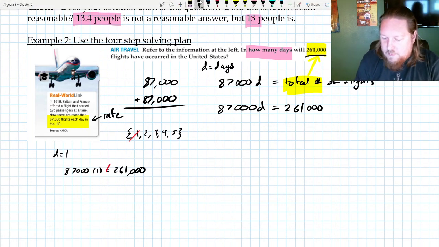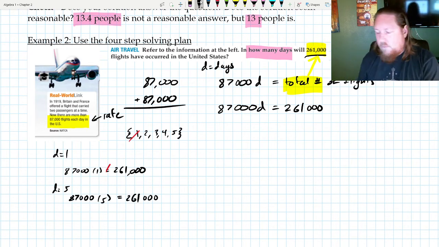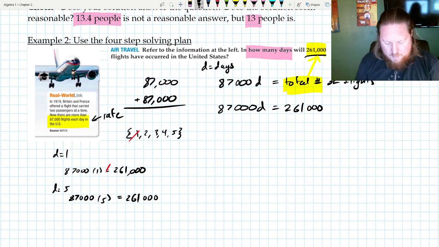Let's try 5 days. 87,000 times 5. Does that equal 261,000? 87,000 times 5 is 435,000.